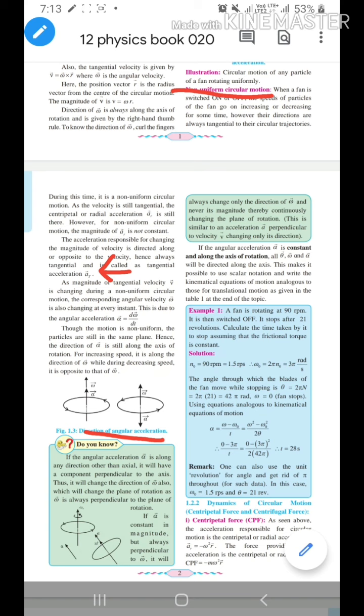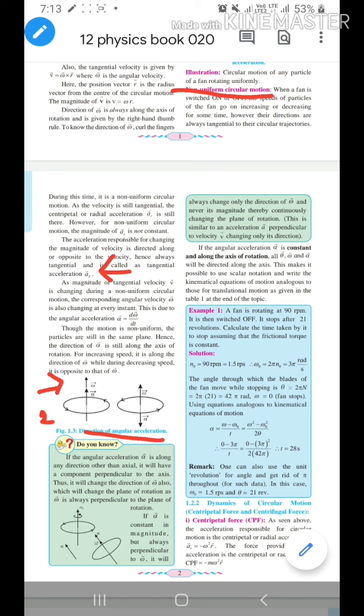Let us consider first the direction of angular acceleration alpha bar in non-uniform circular motion. The direction of alpha bar is also along the axis of rotation and perpendicular to the plane of the circle, and it is taken as positive if the angular velocity omega bar increases, shown in this first diagram.